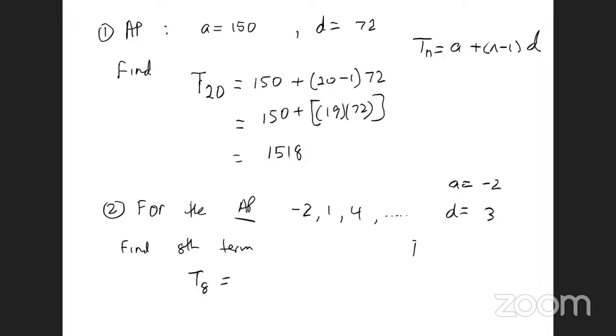All right, so same formula: A plus N minus 1 D. Anybody confused with how to use the formula? You know what A is, you know what D is, and N is 8.